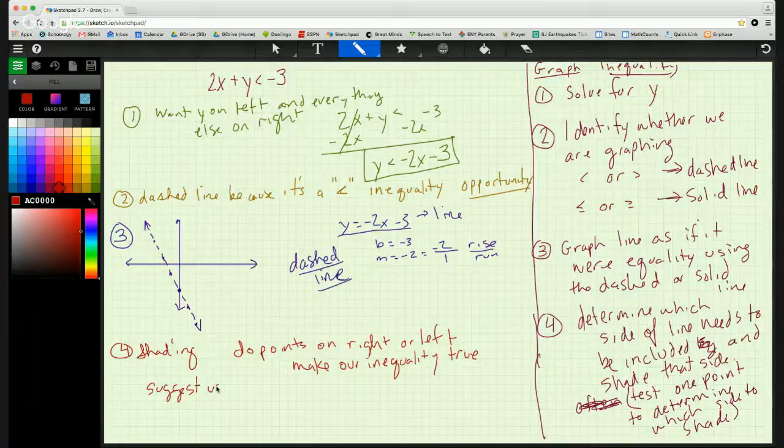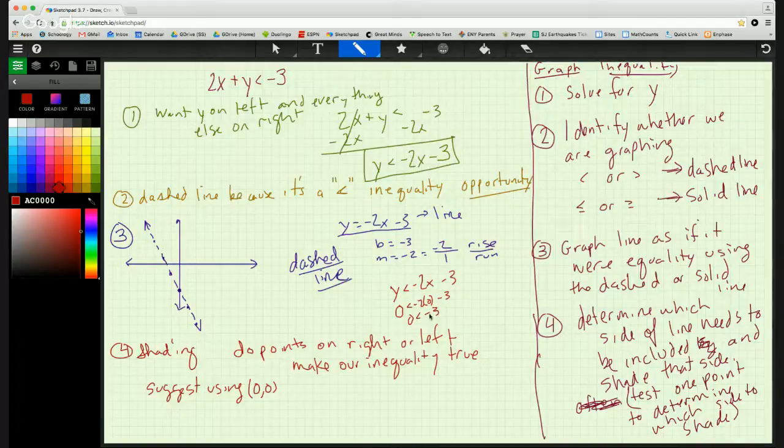So I'm going to suggest using the origin, 0, 0. If this point is true, then all of these are true. Let's try 0, 0. We plug 0, 0 into our inequality: y is less than negative 2x minus 3. Is 0 less than negative 2 times 0 minus 3? 0 minus 3 is negative 3.